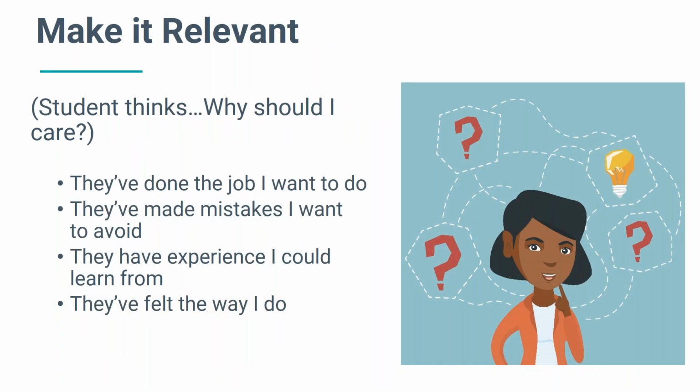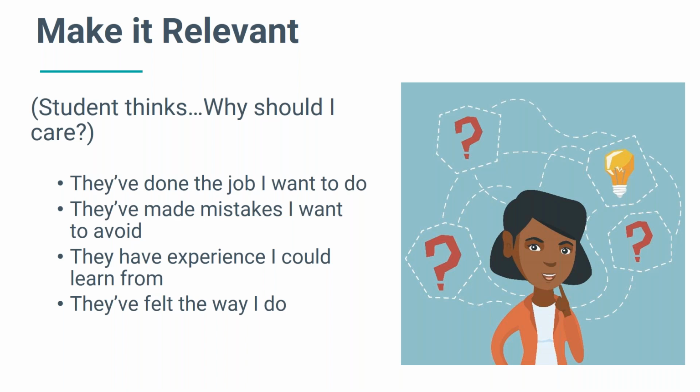To use a story in a classroom, you need to make it relevant for your learner. So when they're listening, your student is going to think, why should I care? And really, you want to make it relevant because they're thinking, well, I care because they've done the job I want to do. They've made the same mistakes that I want to avoid.